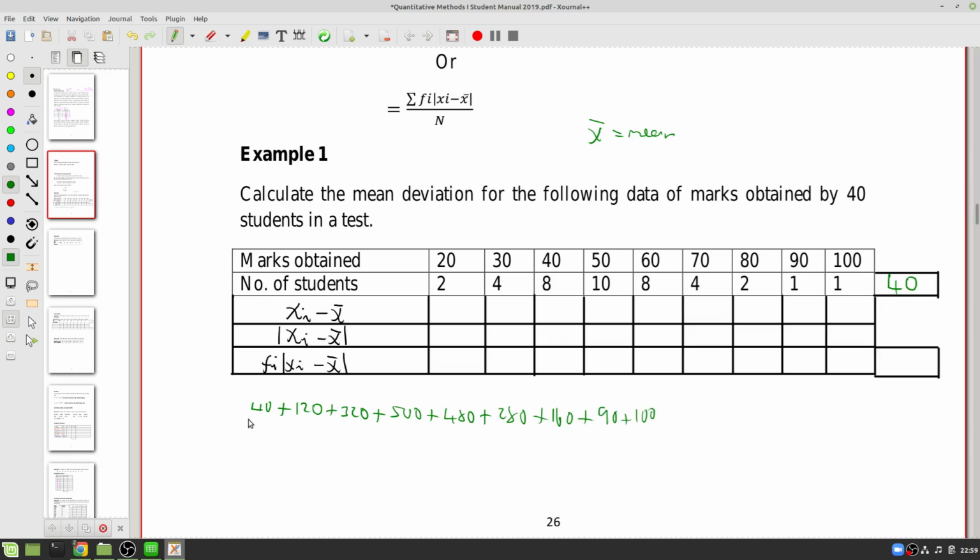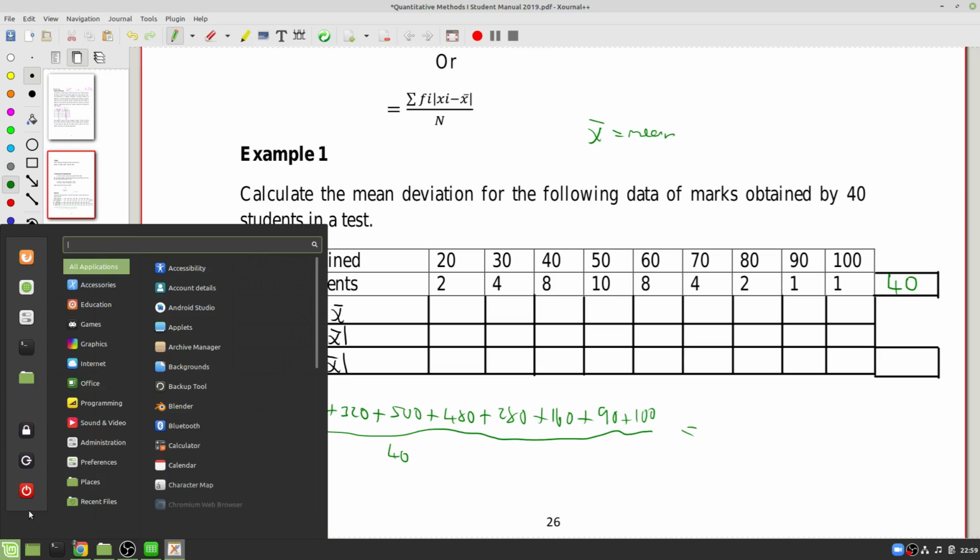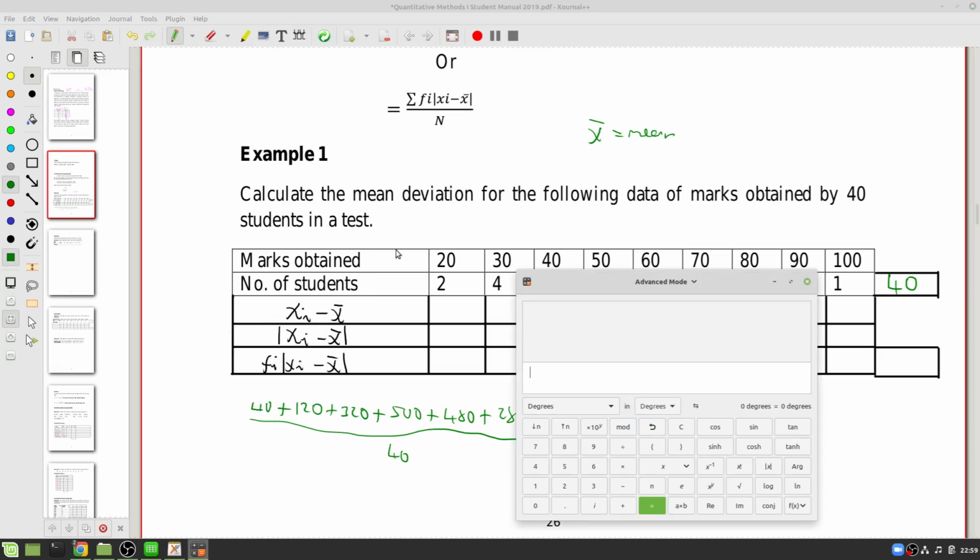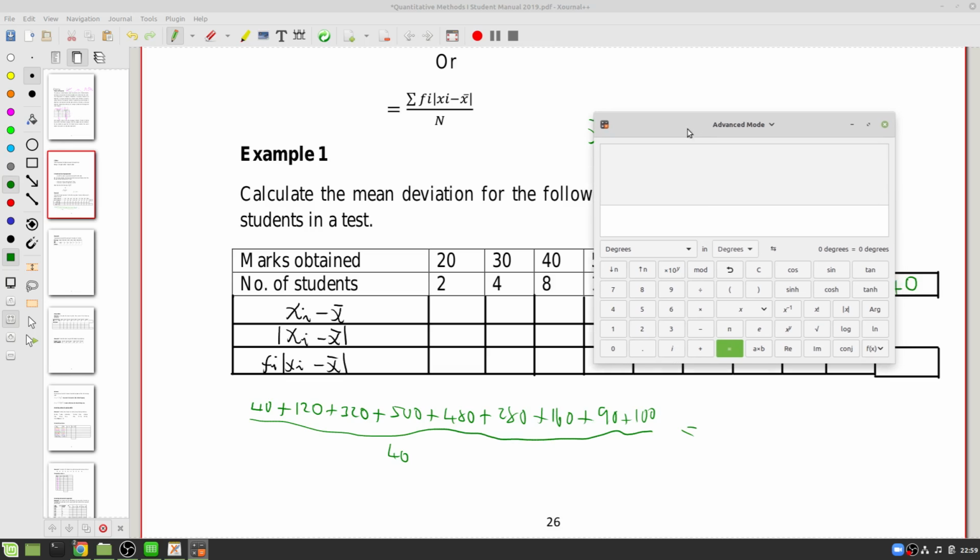So we add all of that up and divide it by the 40 students. Okay, I'm going to use calculator for this one, I think. Calculator. All right. So what we have 40 plus 120 plus 320, 500, 480, 280, 160, 90, and 100. All of that divided by the 40 students, and we get a mark of 52.25.